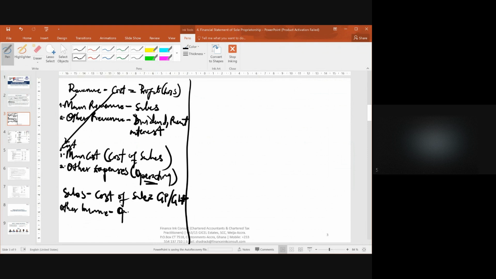So that's operating expense. That gives us our net profit or our net loss.